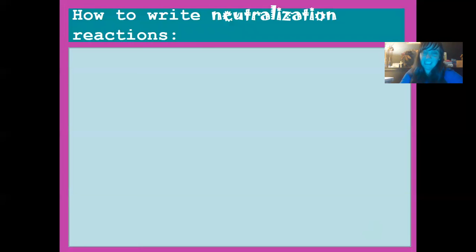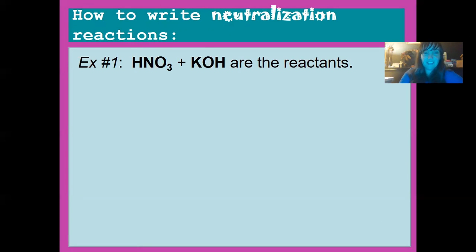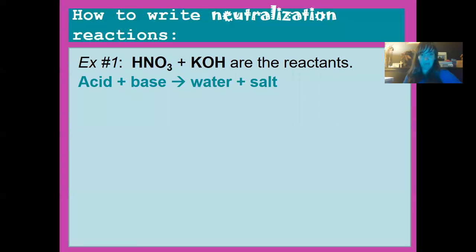So let's take a look at how to write a neutralization reaction. So here we've got two reactants, HNO3 and KOH. So we're going to start with the generic word formula, which is acid plus base always makes water and a salt. Let's identify next our acid. Here it is, nitric acid.